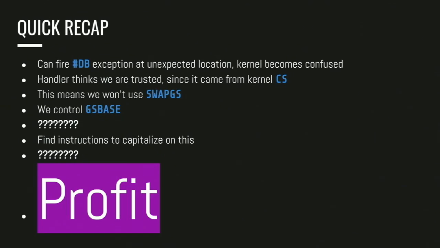All right, perfect. If you were paying attention, what happens is we end up firing a DB exception at an entirely unexpected location. Operating system developers at the time, per the Intel and AMD instruction manuals, were not prepared for this particular case. The handler they wrote, the int1 handler, was not aware that the interrupt it was handling was coming from an untrusted location.